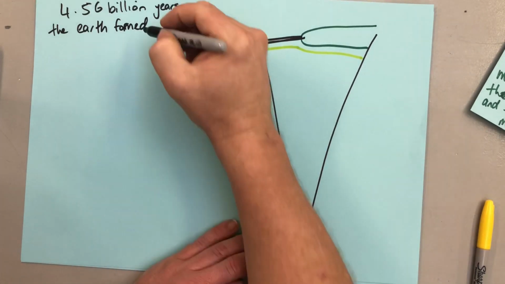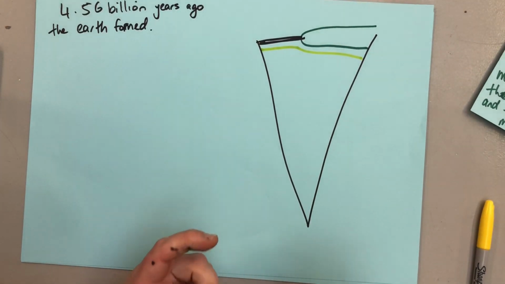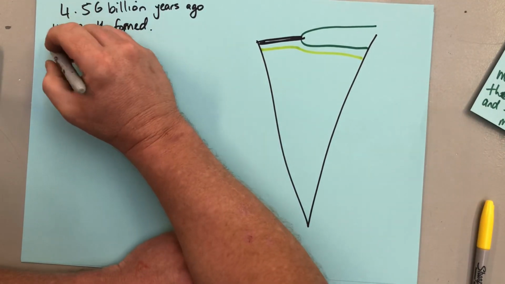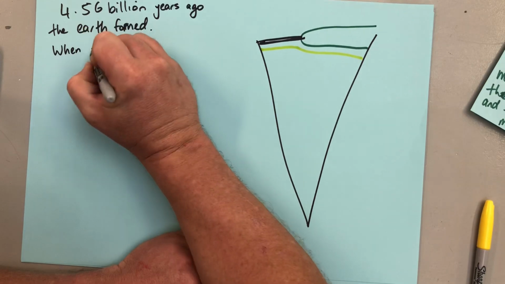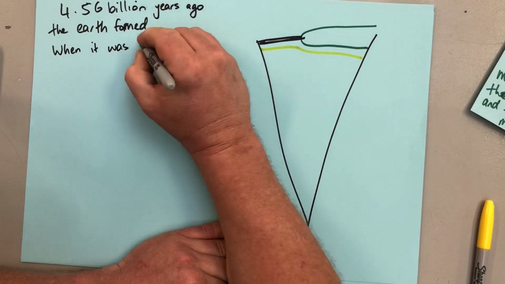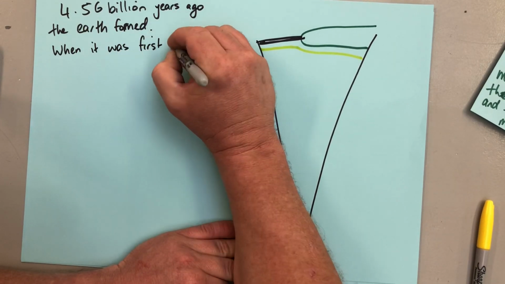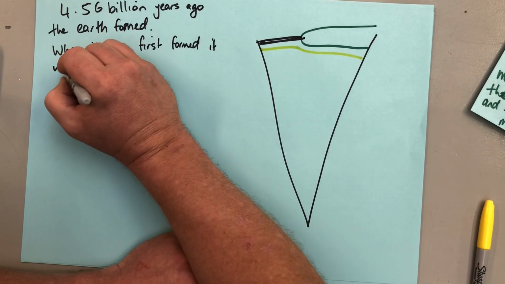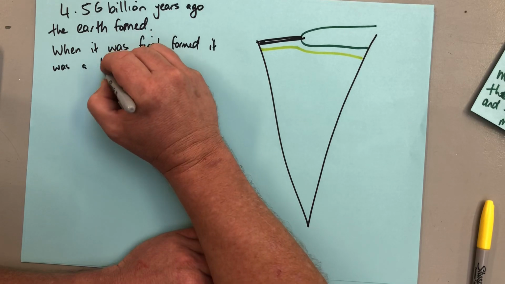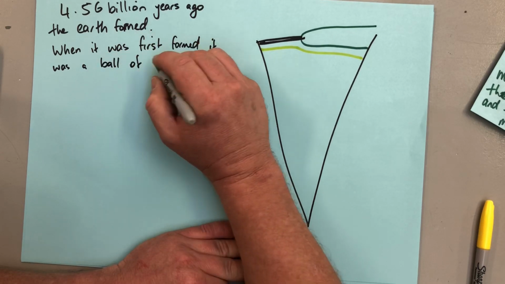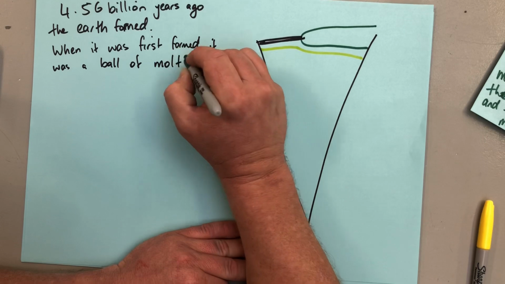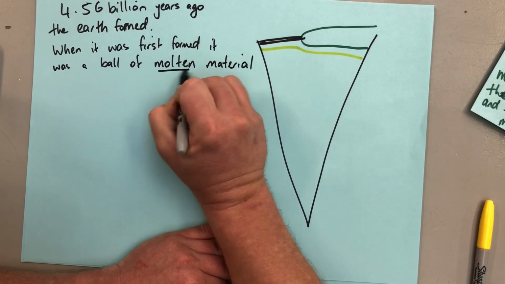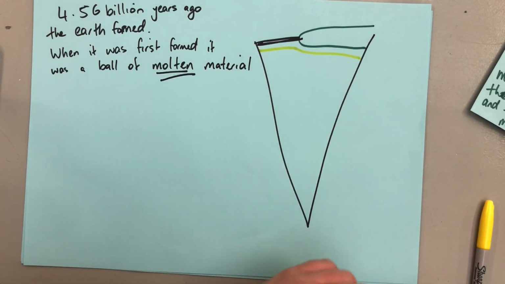And when it formed, it was literally a ball of molten rock. This is the key word here, molten.